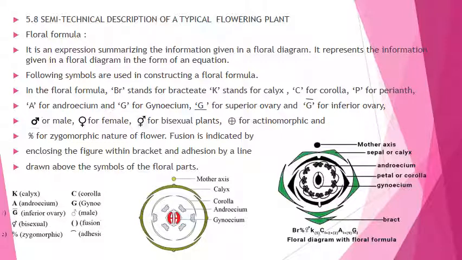The fusion is indicated by enclosing the figure within brackets and a line drawn above the symbol of the flower parts. Here, all the abbreviations, that is the symbols, are displayed on the screen, which you can very well see, and then the sketches of the floral diagram, and then the descriptive formula.